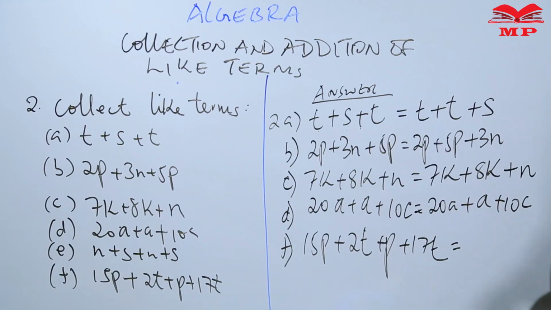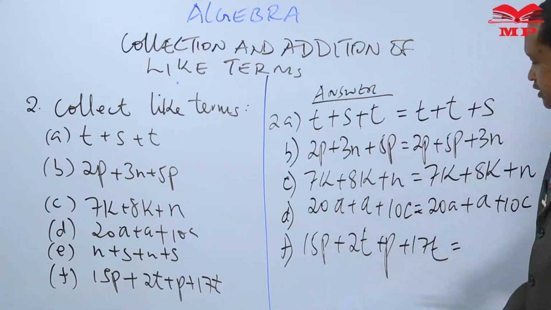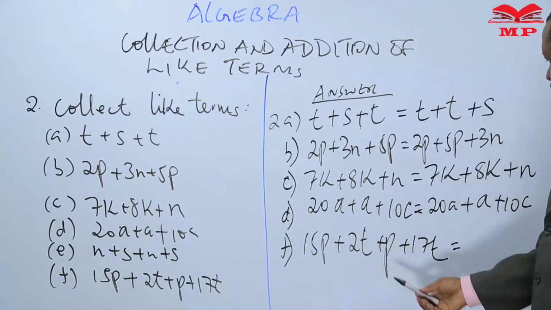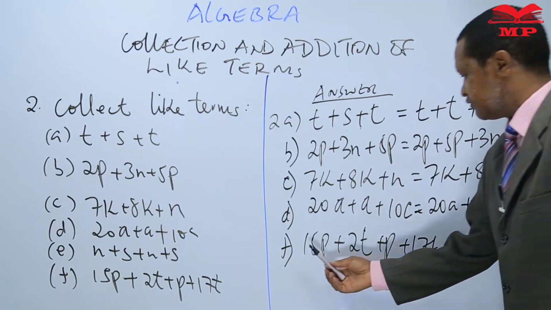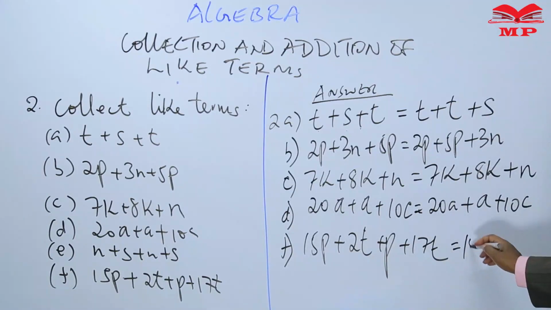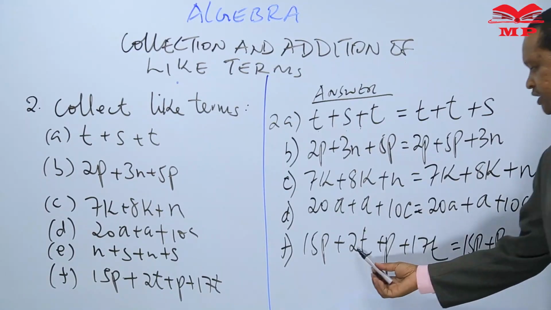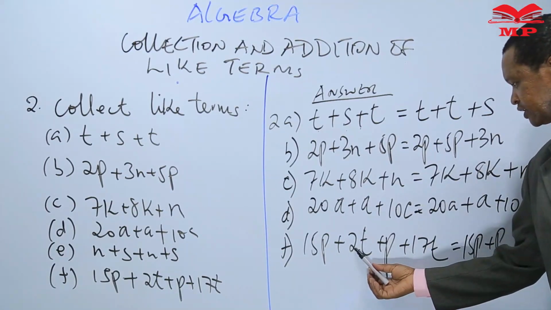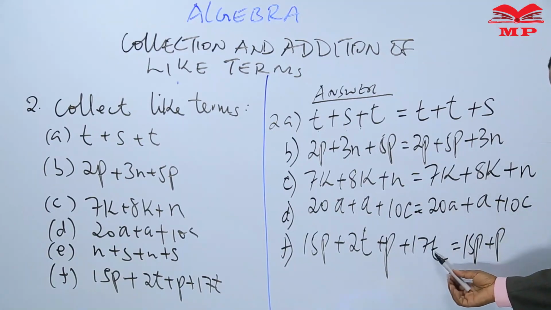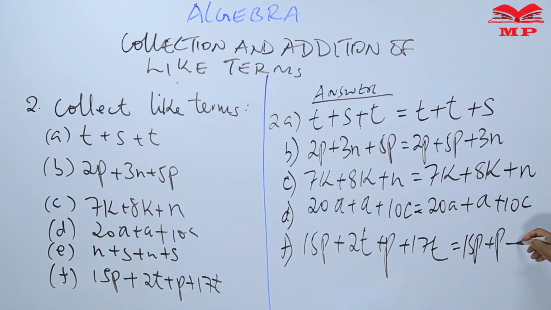We look for the numbers that have p. There is 15p, there is p. So we add 15p plus p. Then we come to the next, there is 2t. We look for the other number that has t, and we have it here, 17t. So we have 2t plus 17t.